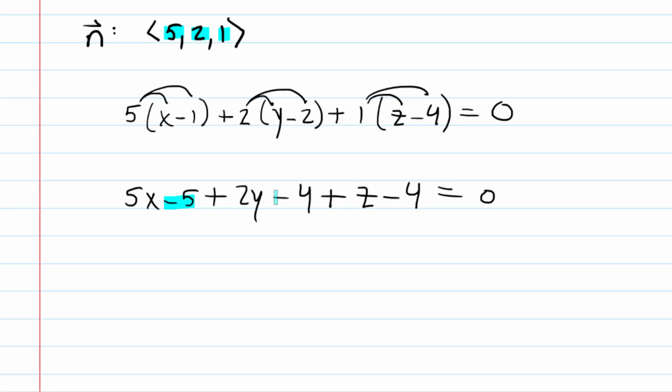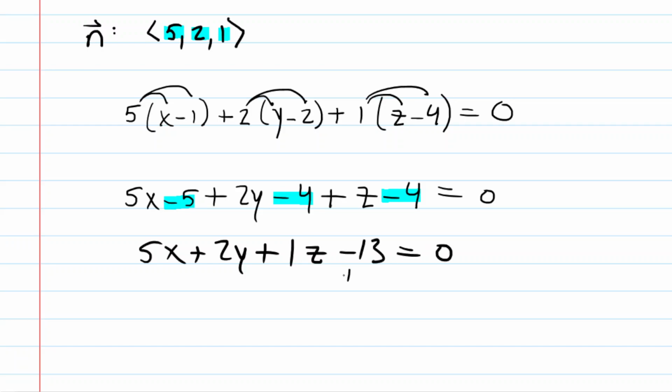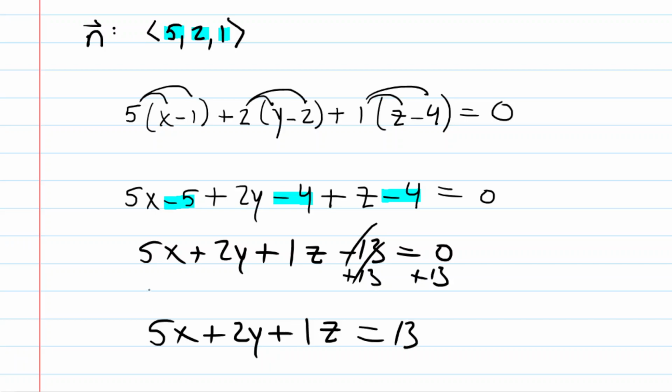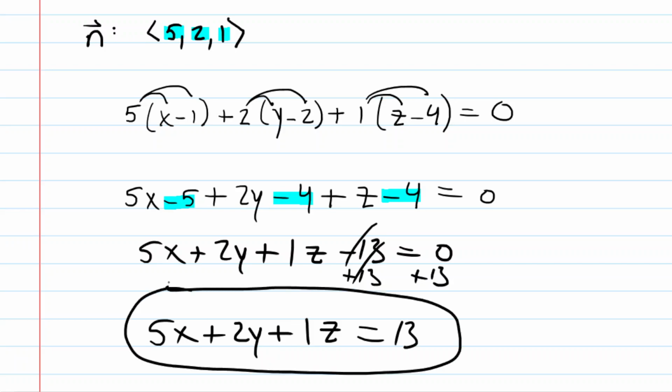So negative 5 minus 4 is negative 9, and then minus another 4 is a minus 13. So now we have 5x plus 2y plus 1z minus 13 equals 0. And then you would add 13 to both sides of the equation. We have our final answer, 5x plus 2y plus 1z is equal to 13. And that is the equation of the plane.